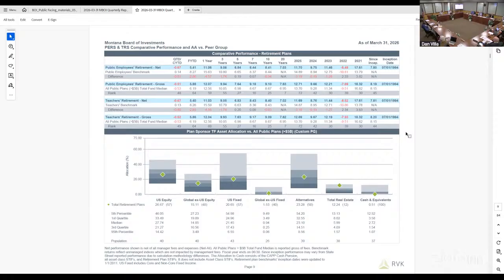This is not a recipe for how to allocate to be exactly like the median plan. It just helps us understand our relative ranking over time. So why do you think real estate in particular, other plans are less concentrated in that sector? Some have had less of a history or have chosen a different path in real estate. As Ethan had talked about, you have very different risk profiles. A lot of plans really concentrate in those core funds, the Odyssey type of funds that have a lower degree of leverage.